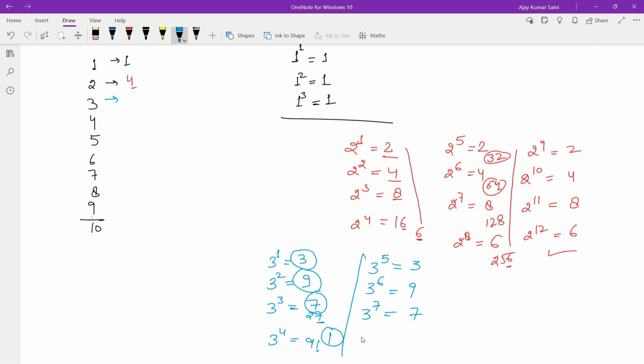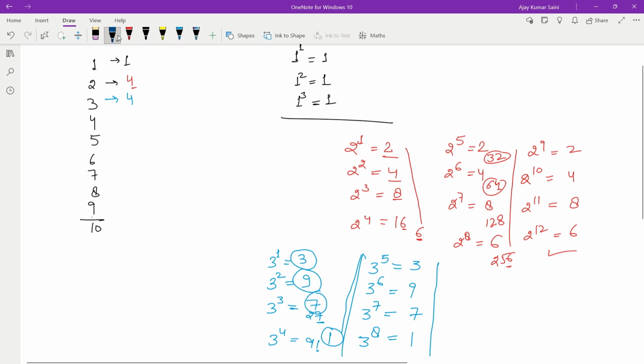If the power of 3 is 8, the last digit is 1. So here also the cyclicity is 4, means after 4 the last digits are continuously repeated.